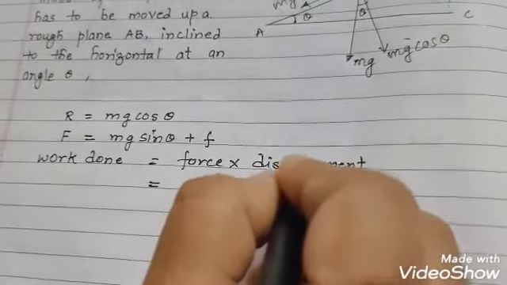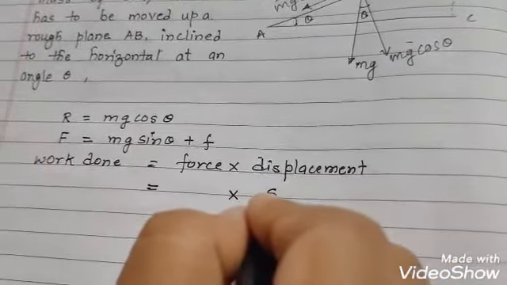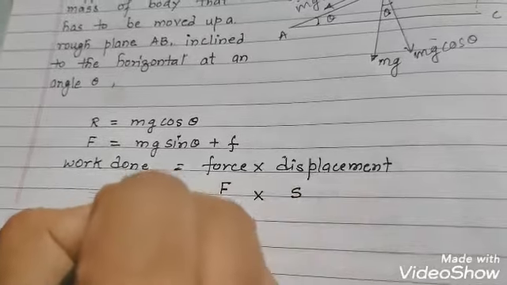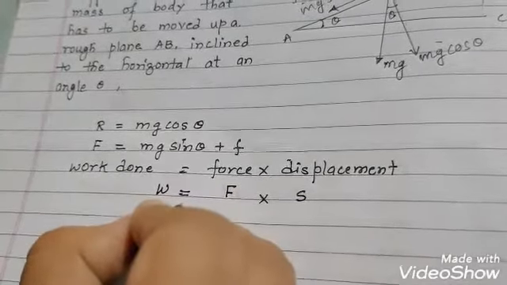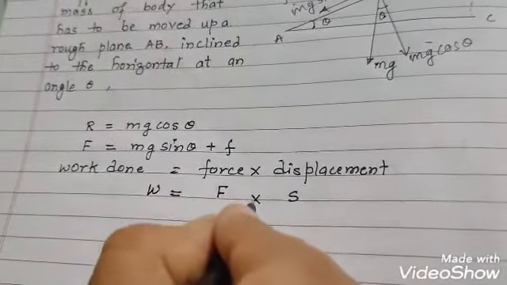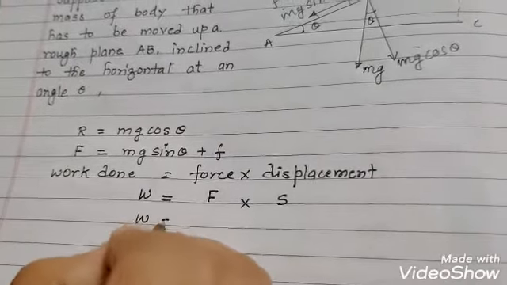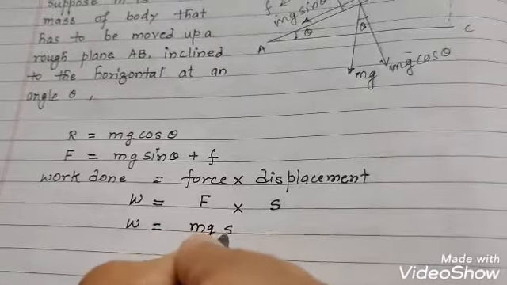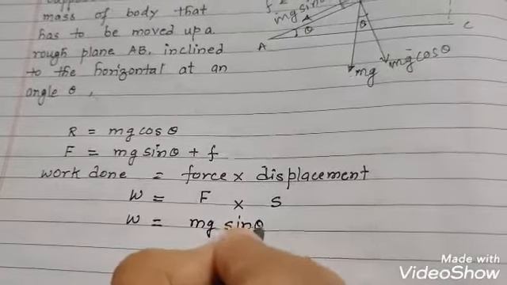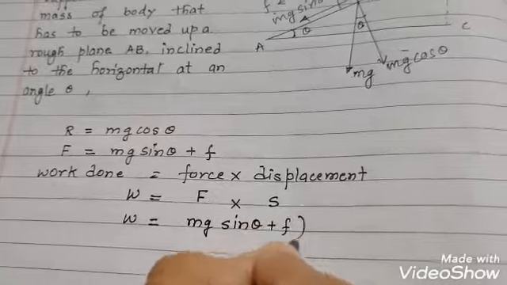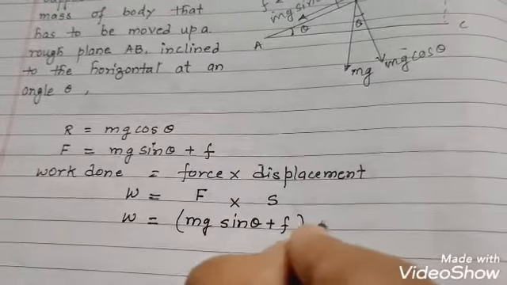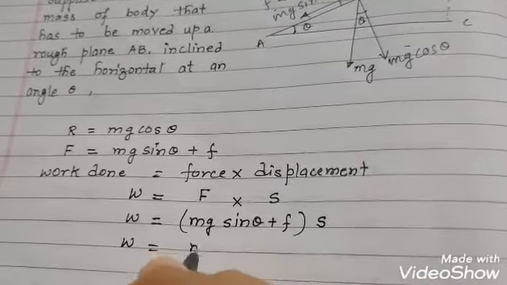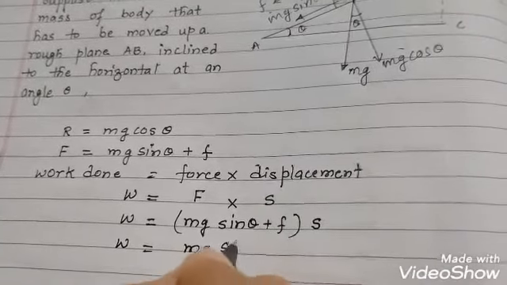So the displacement we have written here is S, and the force is capital F. So work done is equal to F into S. Now in place of F we can write mg sin theta plus small f, multiplied with S.